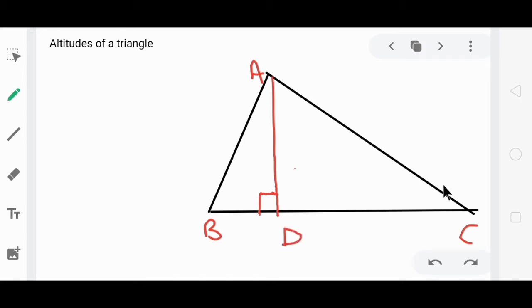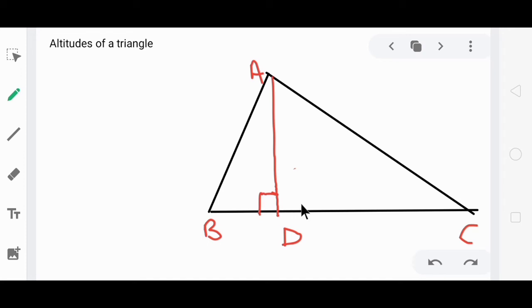And to find that, we just draw a perpendicular line from a vertex to the opposite side of the vertex. For the vertex which is shown here, vertex A, BC is the opposite side. Just draw a line at 90 degrees, and this line is called the altitude of the triangle.